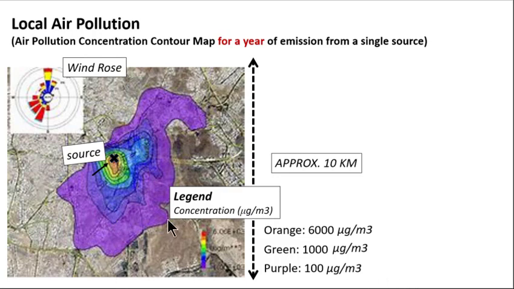In the case of this graphic, the concentration levels corresponding to the graphics are indicated by a legend on the lower right, with orange indicating 6,000 micrograms per meter cubed, green 1,000 micrograms per meter cubed, and purple 100 micrograms per meter cubed.